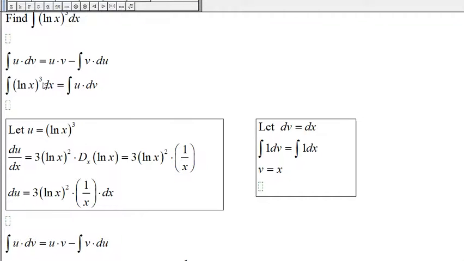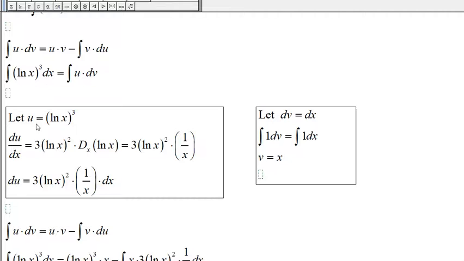For this particular example, let's let u be the natural log of x to the third, and then the rest be dv. So we let this part right here be u, and this be dv.